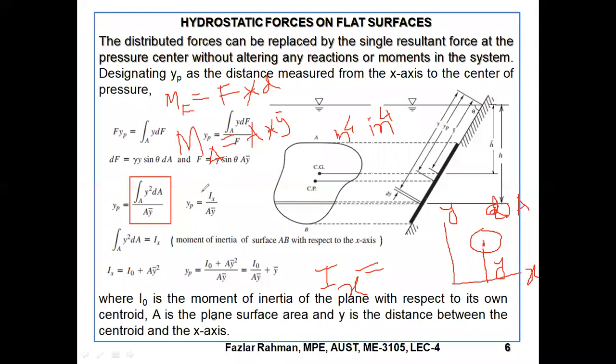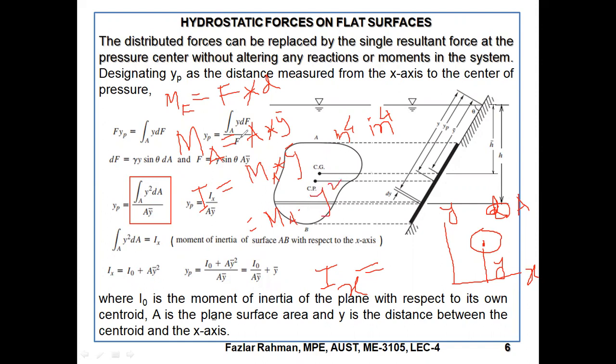So what is moment of area? Inertia is the moment of area, that means second moment of area. So I equals MA, the first moment of area, and again you take the second time, where you multiply by y bar. So ultimately what are you getting? MA equals A y, so ultimately you get area into y square.